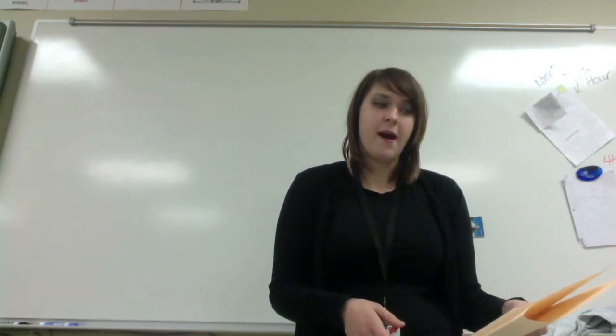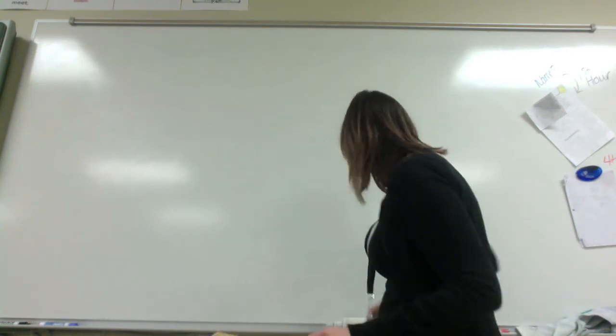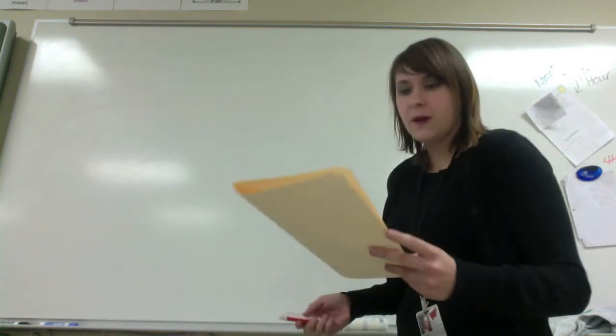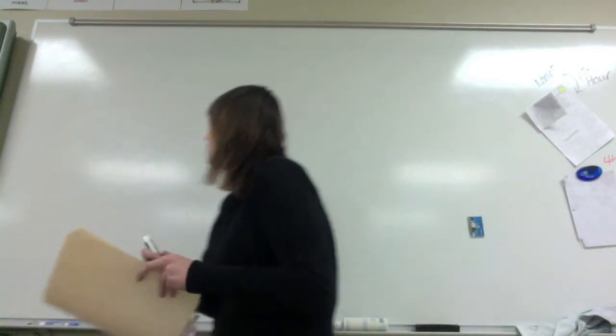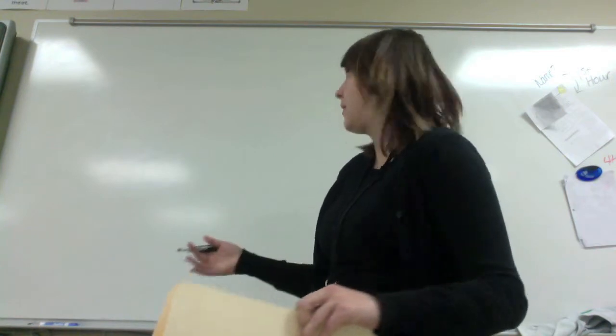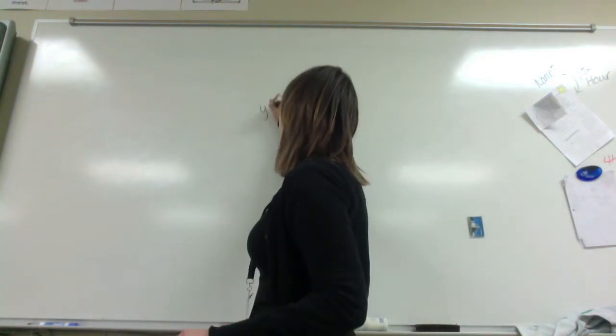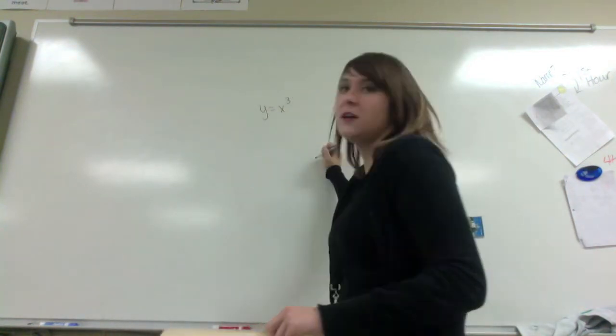If you look at your notes, the first thing it says is how many real nth roots does a real number have? So we've got y equals x to the n when n is odd. If I think about that, n is odd, that could be like 3 or 5. So that would be something like y equals x to the third.